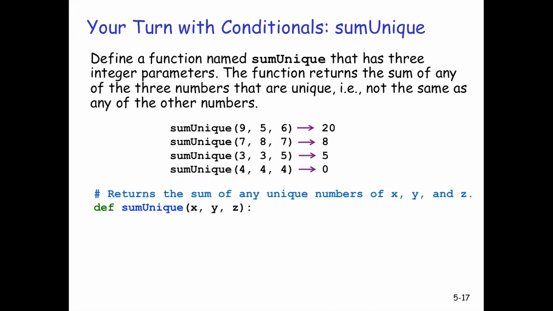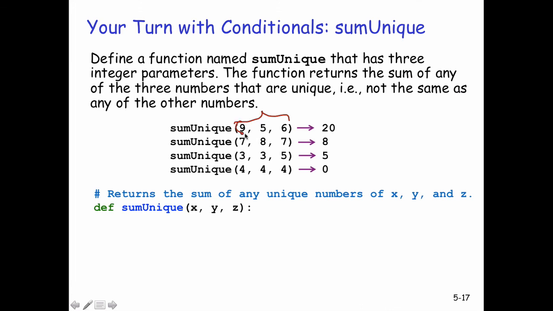The second function you are asked to define is sumUnique. And what this function does is it takes three integer arguments, and it is supposed to return the sum of those arguments that are unique. So anything that is replicated should not appear in the sum, but if the numbers are unique, they should be added.